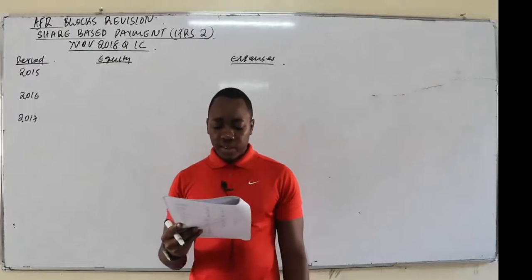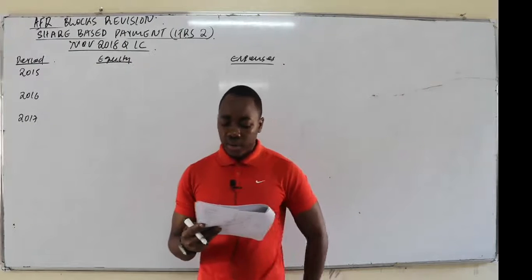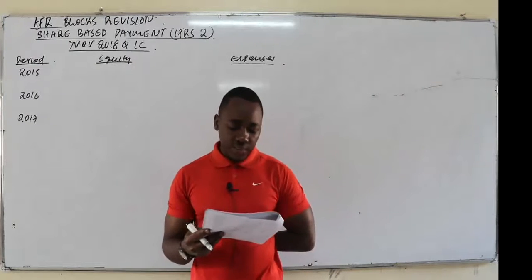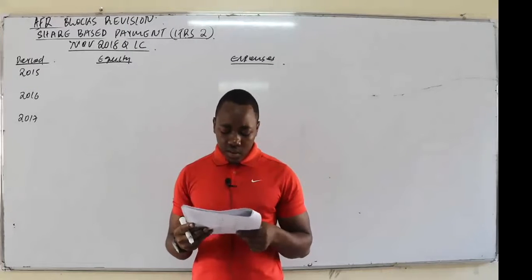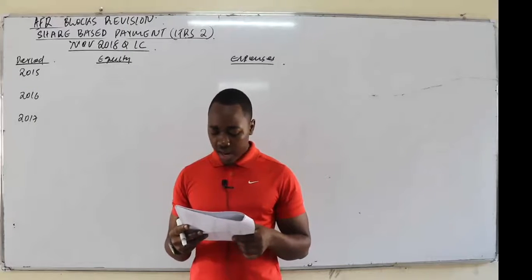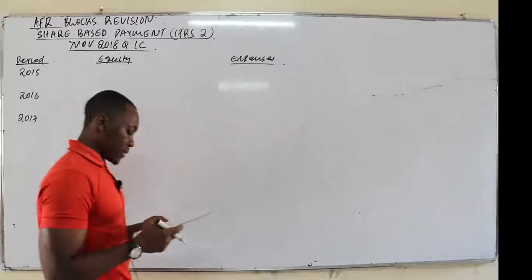During the years ended 1st December 2016 and 1st December 2017, 15 employees and 25 employees left the company respectively. Required: extract from the financial statements of G Limited for each of the years ended 1st December 2015, 2016, and 2017.